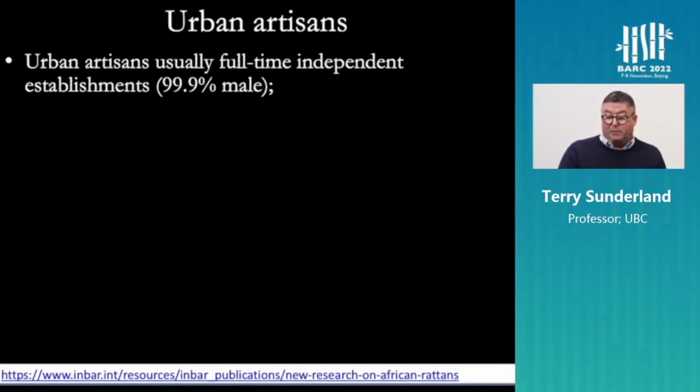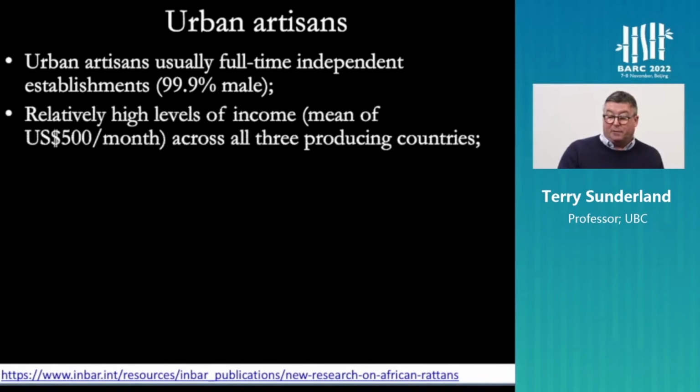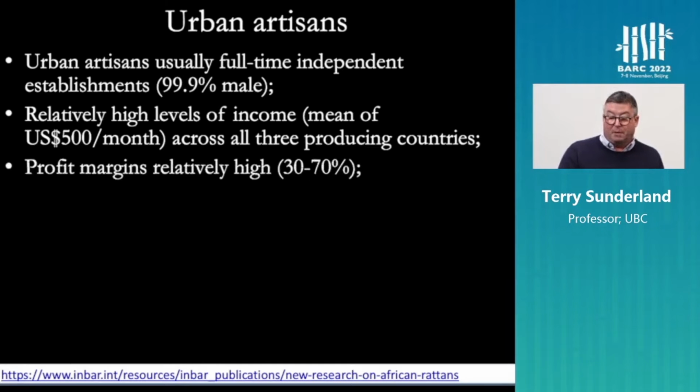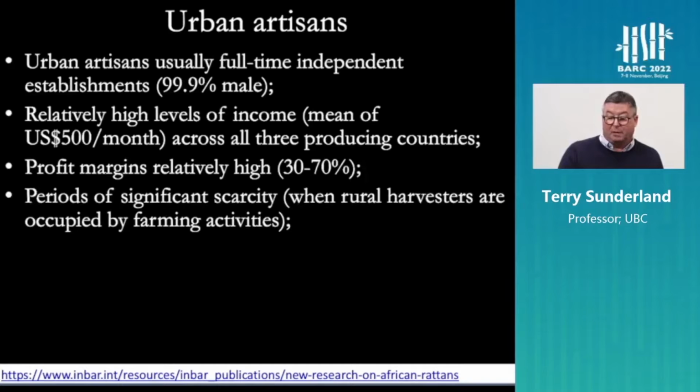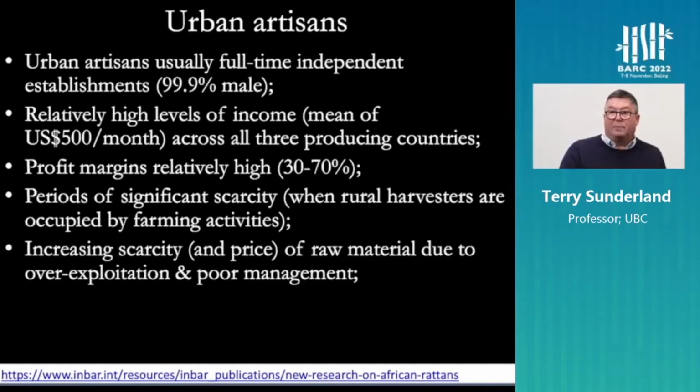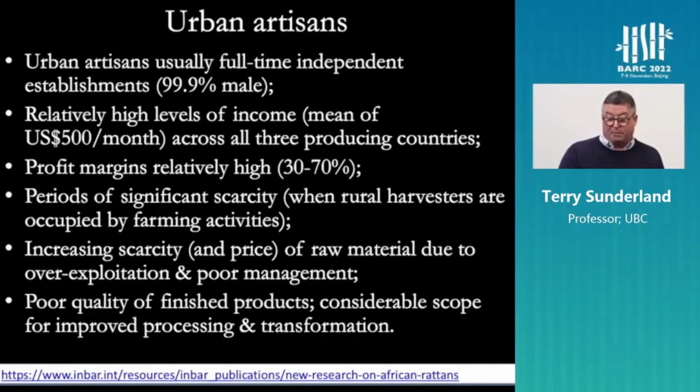communities and the households. In terms of urban artisans, our surveys show that usually these are full-time independent establishments, predominantly male, with comparatively high levels of income, and the profit margins are also relatively high. There are periods of significant scarcity of the raw material, particularly when harvesters are occupied by farming activities, and the increasing scarcity and concomitant increase in price of raw material is due to both overexploitation and poor management of the resource.